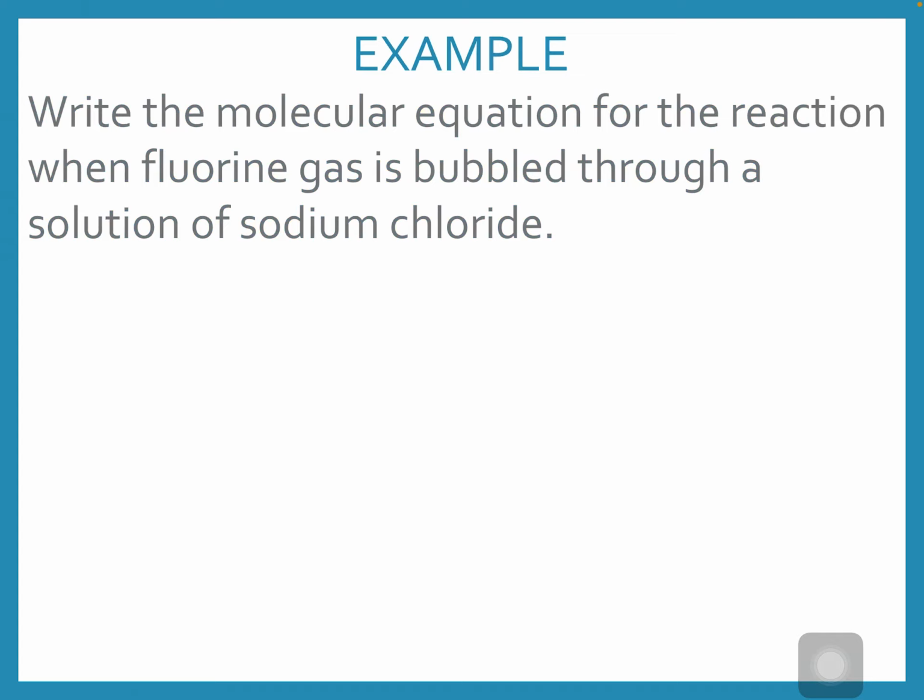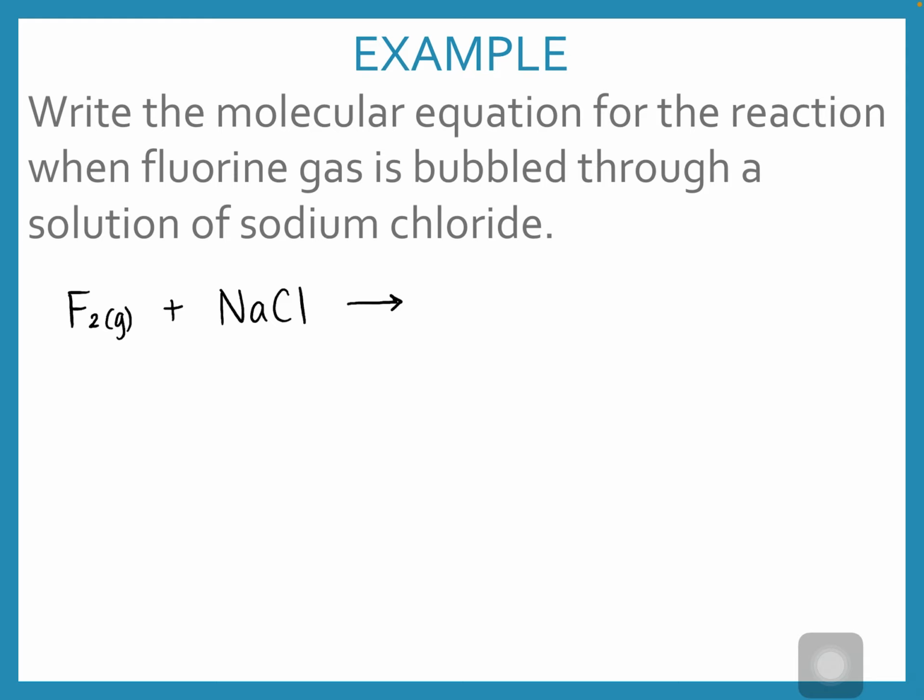So if I have fluorine gas bubbled through a solution of sodium chloride, fluorine, a Hofbrinkel, is F2. Now I can use the periodic table to determine its state because it's an element, but I'm actually told here that it's gas. A solution of sodium chloride, and so that is a single displacement reaction.